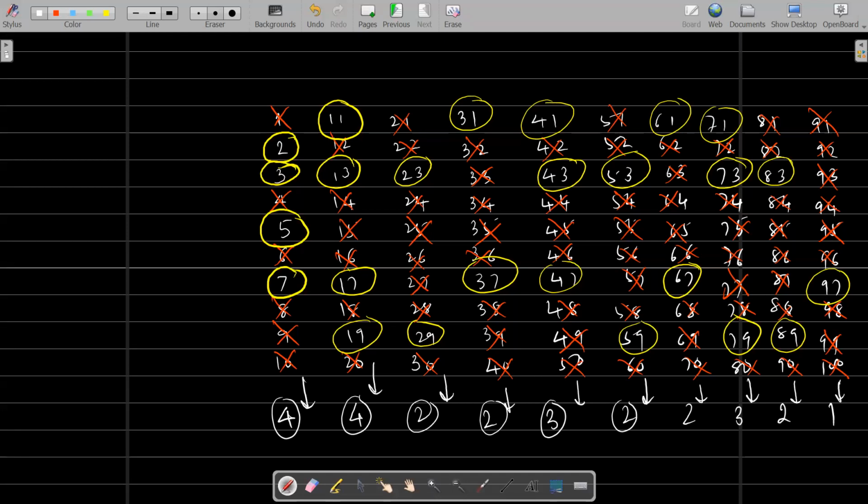So see that the spacing is not uniform. In the first 10 numbers there are 4, in the next 10 there are 4, but later on it decreases, like 2, 2, and then again it increases: 3, 2, 2, 3, 2, 1. Right?